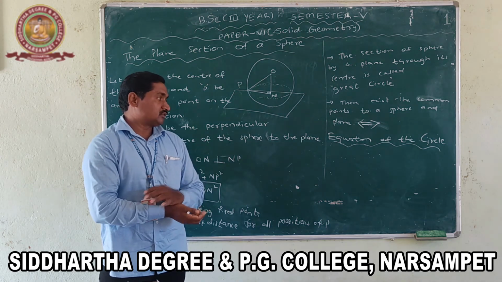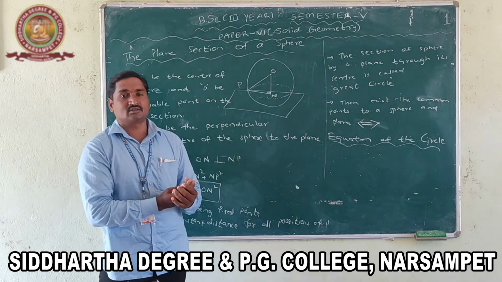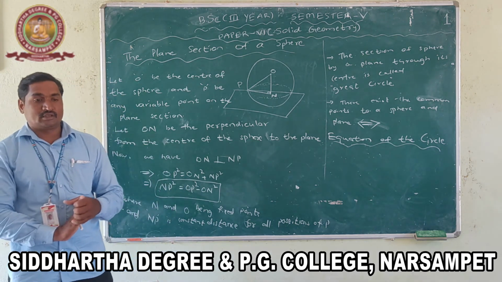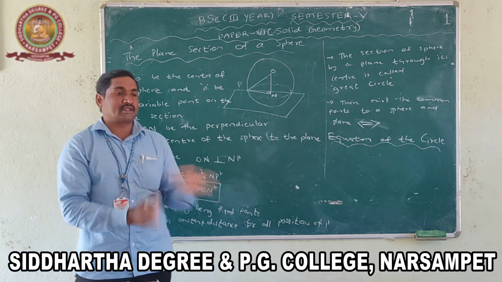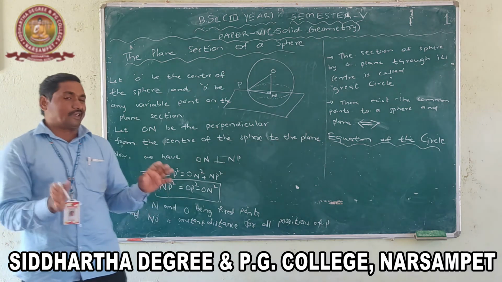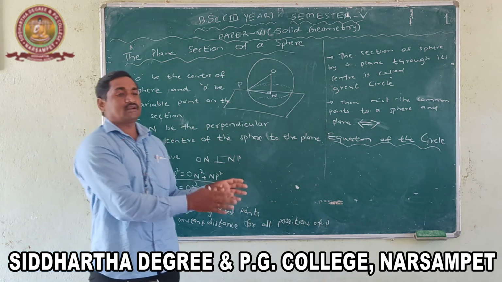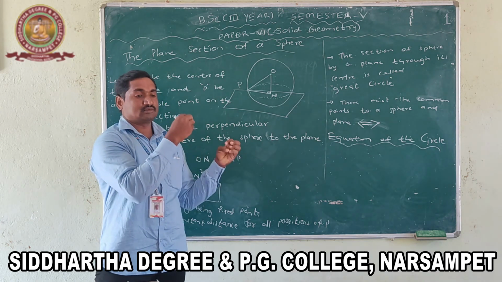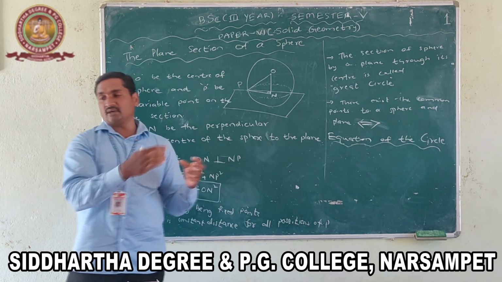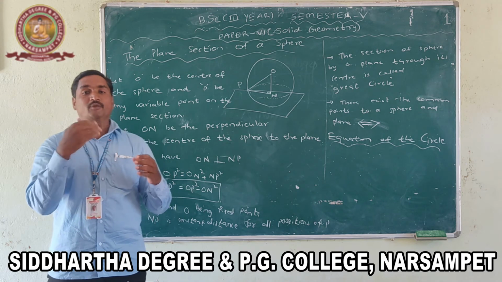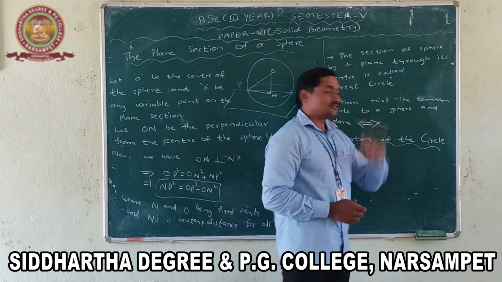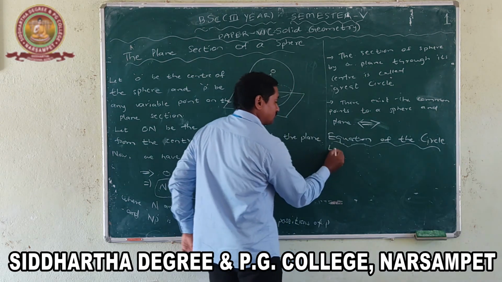It means the equation of a circle contains both sphere and plane. Simply taken together, the equations of sphere and plane represent the equation of the circle.